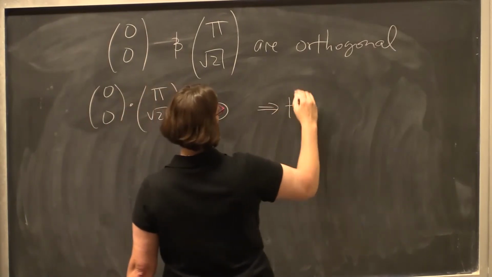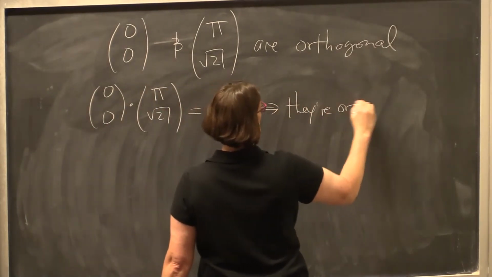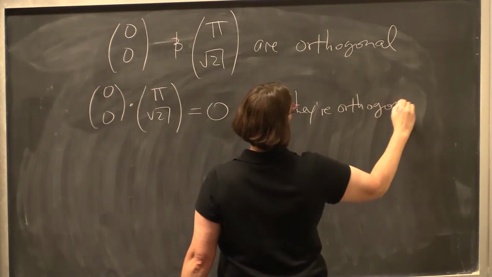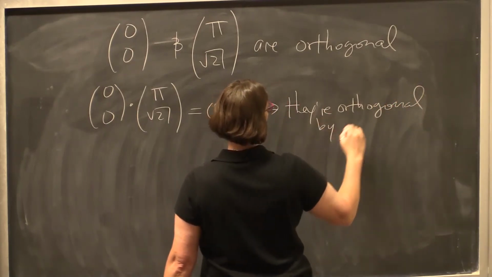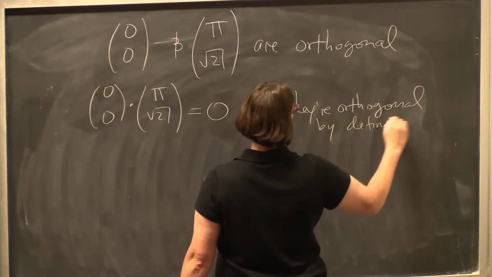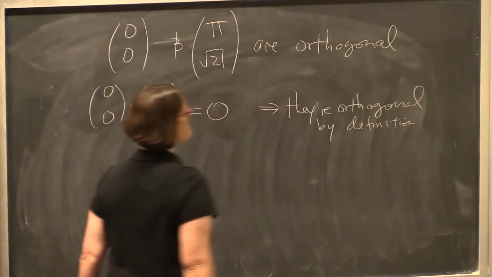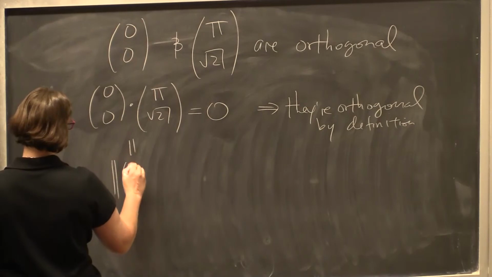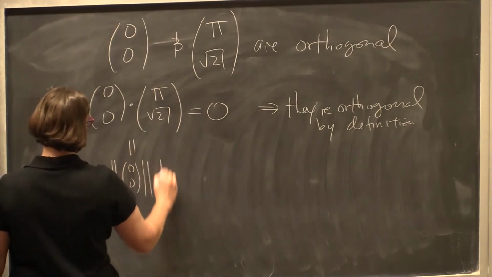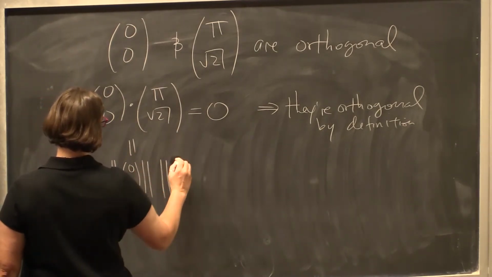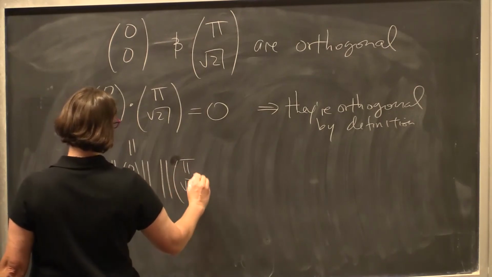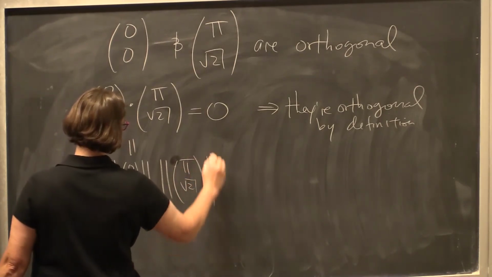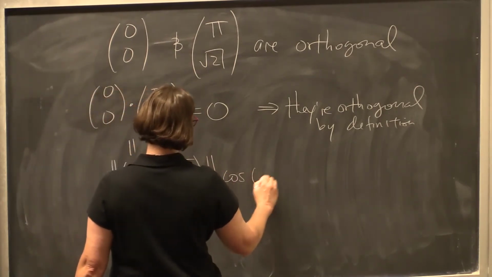So that means they're orthogonal by definition. On the other hand, this is equal to the length of the 0 vector times the length of the vector pi, root 2 times cosine theta.